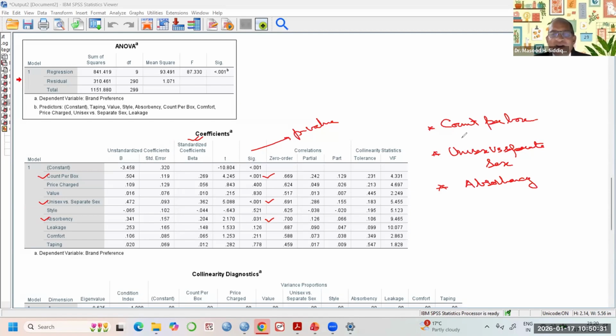The strength of the model, or the R square, is very high, but only 3 out of 9 predictors appear to be significant, right? How is it possible that the overall model is significant, everything is good, but we are getting only 3 significant predictors? For any researcher, this should be a warning bell. Remember, this is an important step.